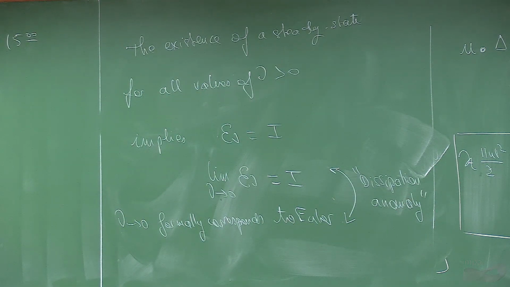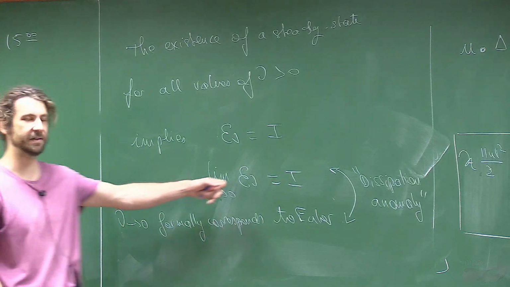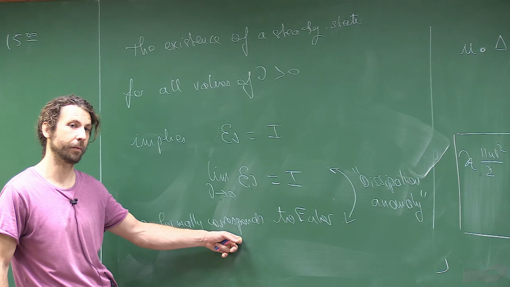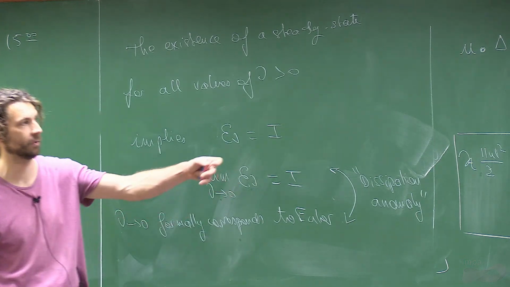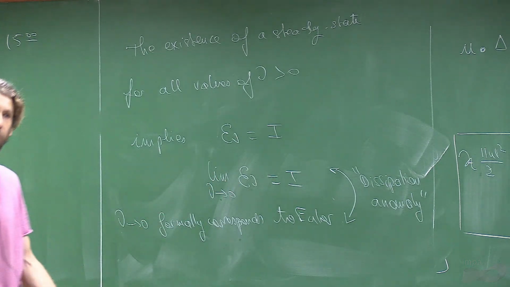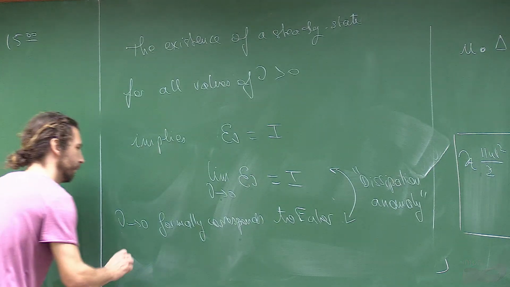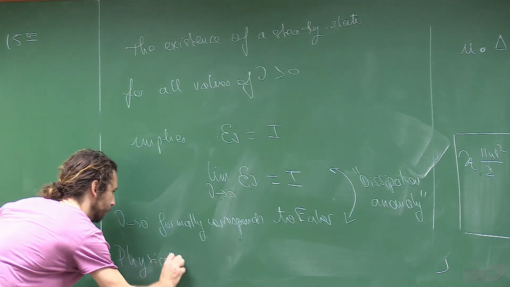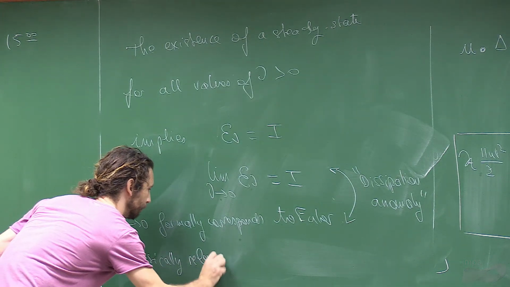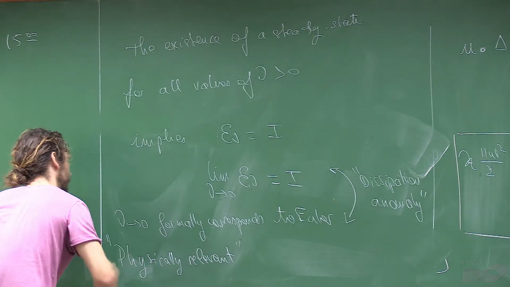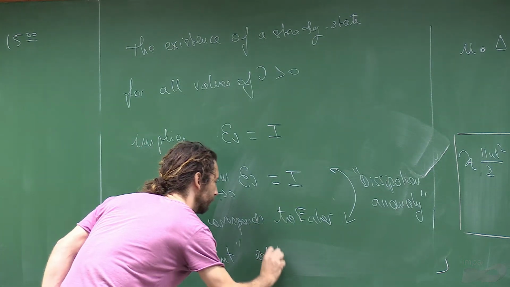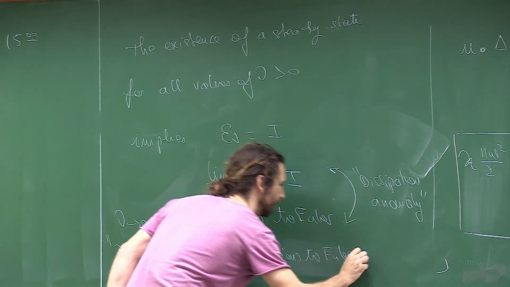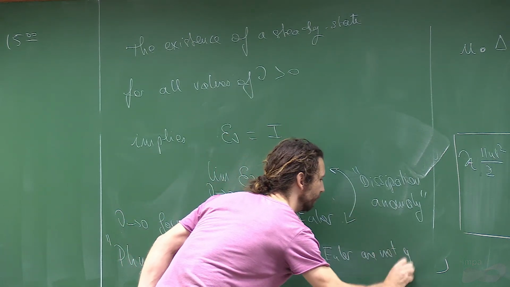Which means, in a sense, that if you want to describe this limit, well, the physically relevant, in quotes, solutions to Euler are not good candidates.